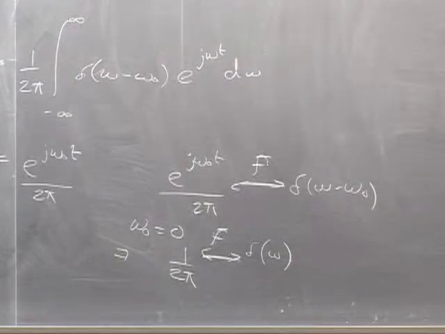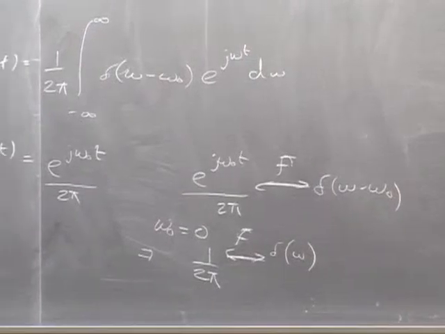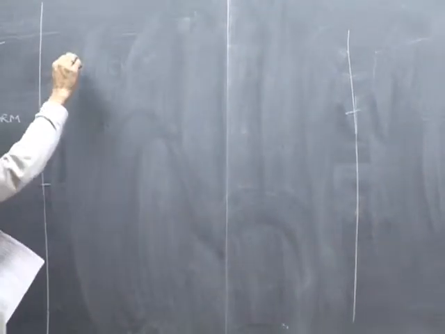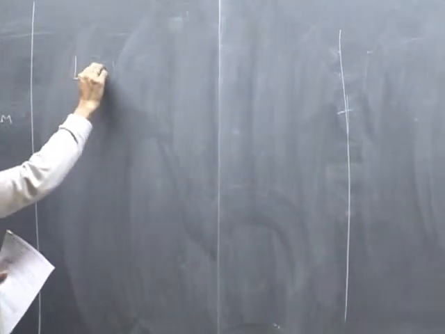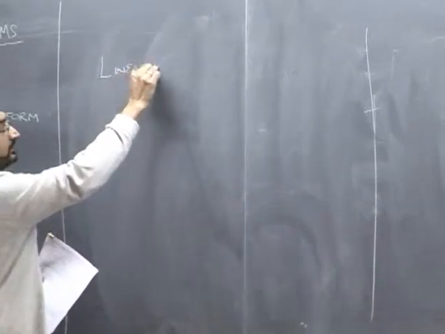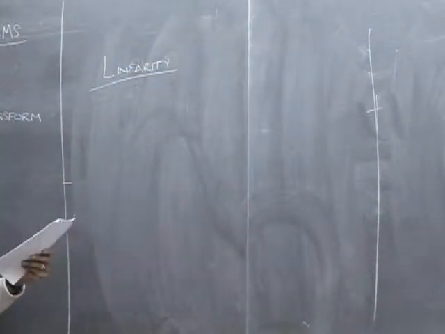Okay, so there are some properties of the Fourier transform that make it really nice. I'm going to write down a couple of properties, and then I'll run out of time, and we'll continue with the properties next time. The first property is what's called linearity. We always like linearity because it allows us to do easy math.